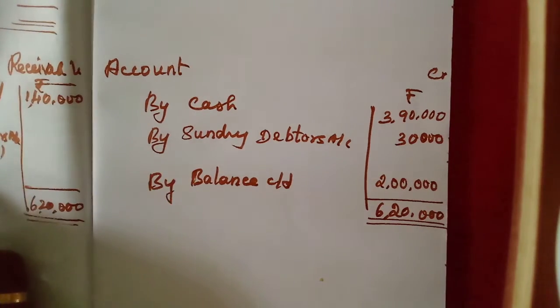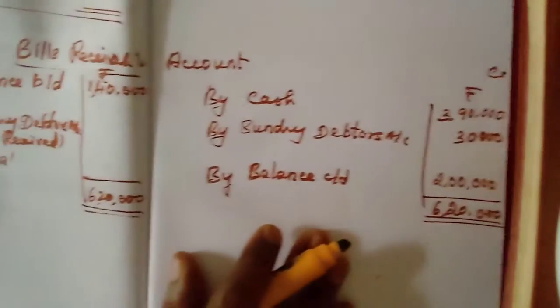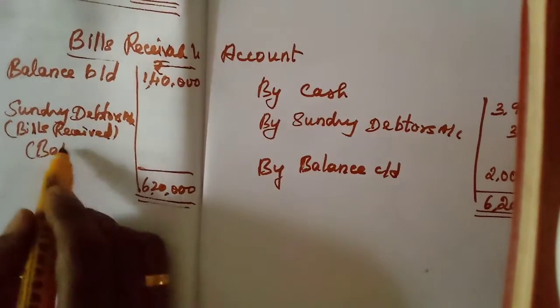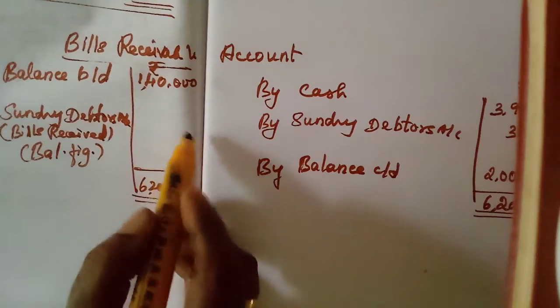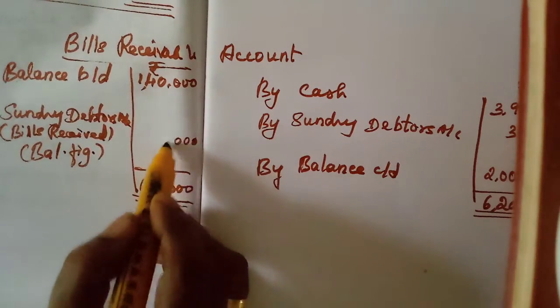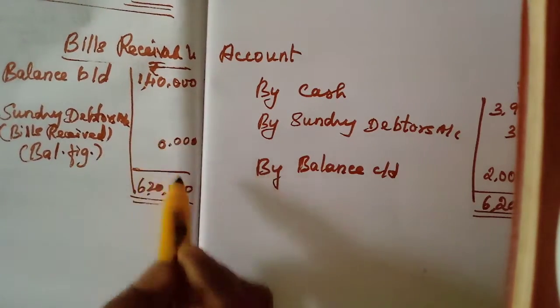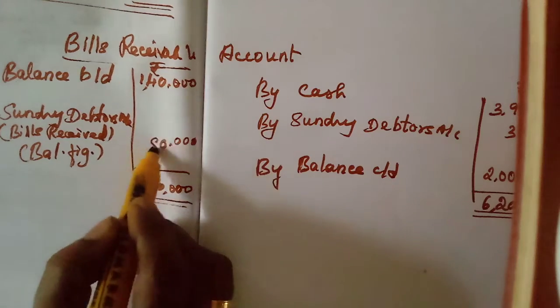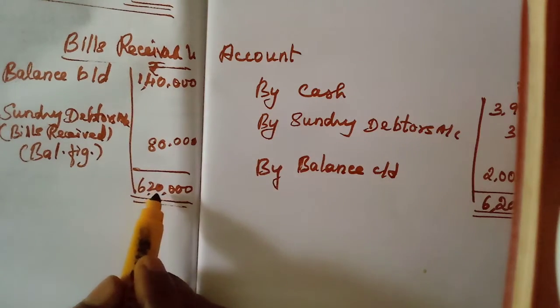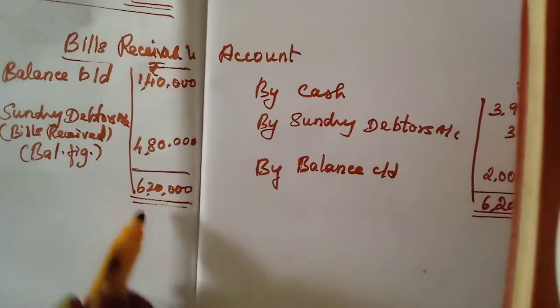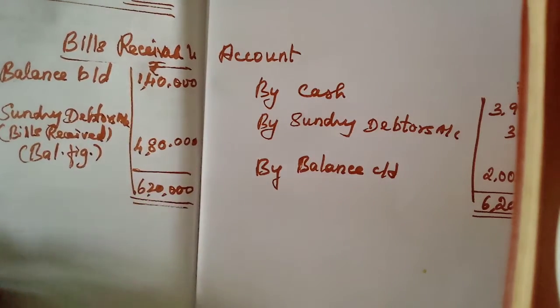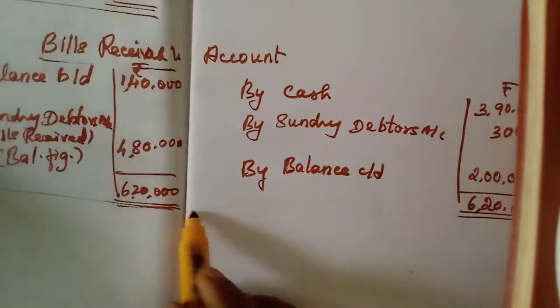Up here balancing figure. 0, 0, 0. Then here 0. Then 4 plus 8, 12. Balance 1, 2, 2 plus 4, 6. So this is the account.